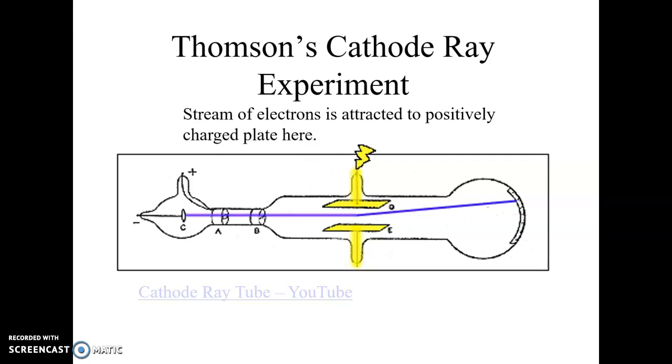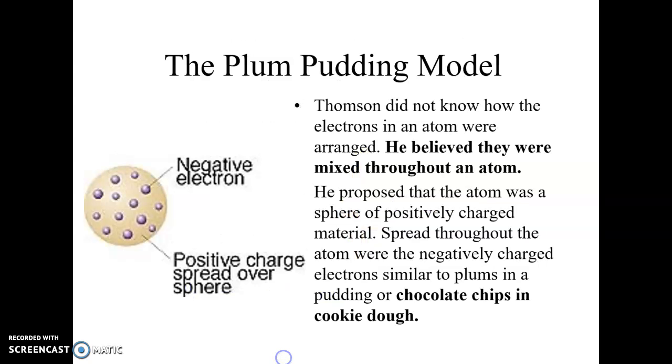So in his experiment, what he proves is that these tiny little particles are smaller than atoms and they're negatively charged. So he proves John Dalton wrong because now he has proven there is something smaller than an atom. He calls those things the electron.